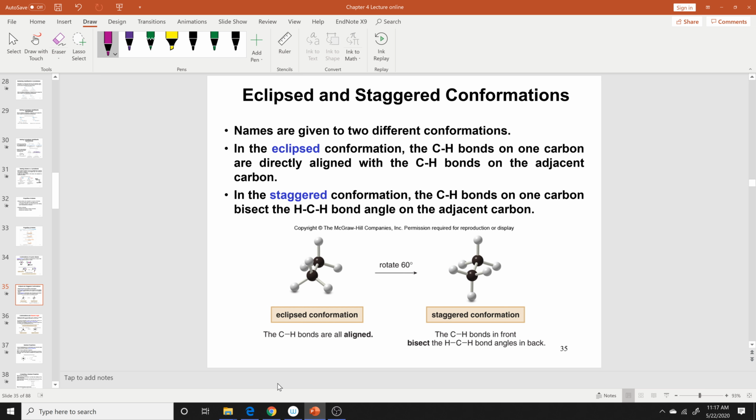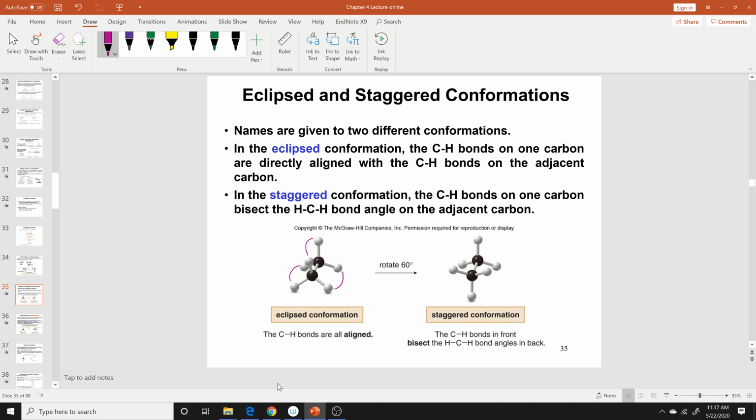So the dihedral angle between them is going to be 0. These 2 hydrogens are on top of each other, these 2 are on top of each other, and these 2 are on top of each other. So there is no angle between them. The angle is 0.